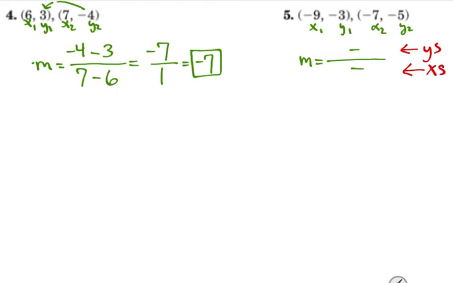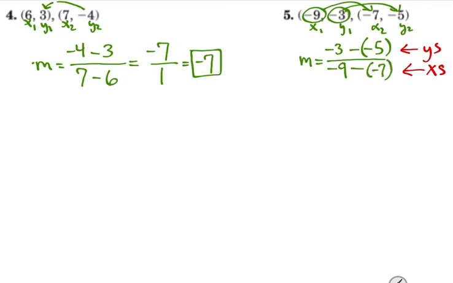So my y's are negative 3 and negative 5. My x's, if I go in the exact same order, since I started with negative 3, I'd have to start with negative 9 because it's in the same point. And I'll go negative 9 minus negative 7.